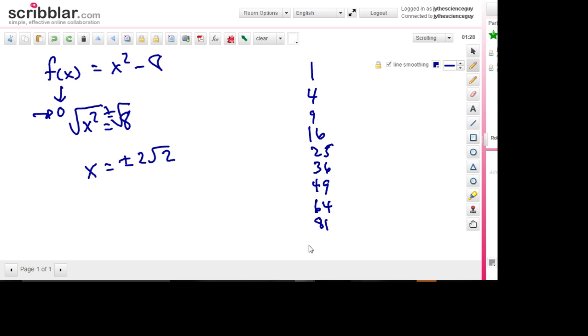It's 81. 10 squared is 100. Can you go higher? 11 squared, that's 121. 12 squared is, is it 120? It's 144. That's good enough for now.